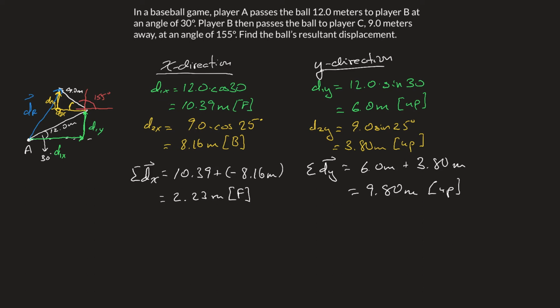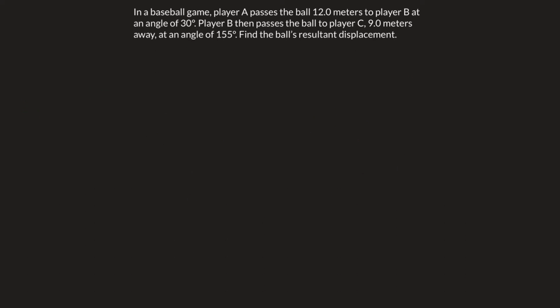Now that we have these components, we can go ahead and draw another triangle because that will give us our kind of resultant triangle here. So let's recall what we came up with. We had decided that our resultant dx was 2.23 meters going forwards, and our resultant dy was 9.80 meters going up.